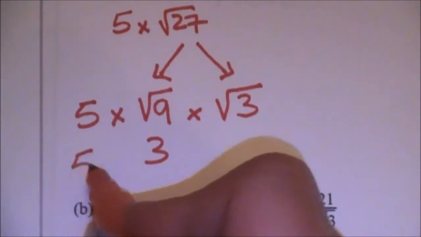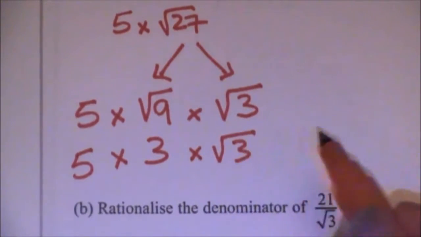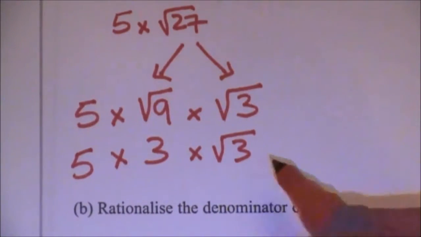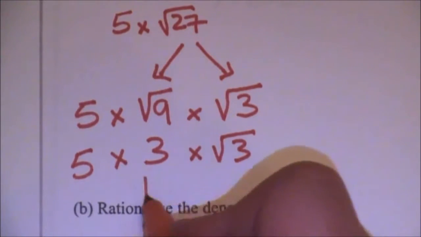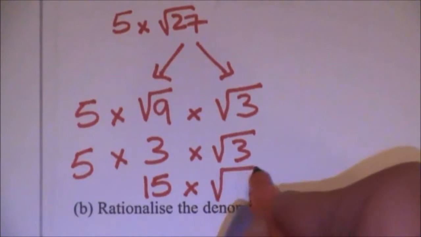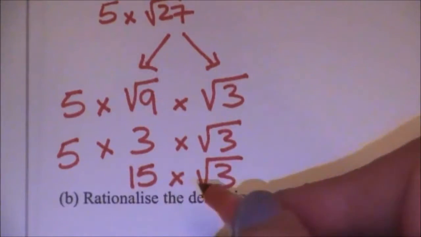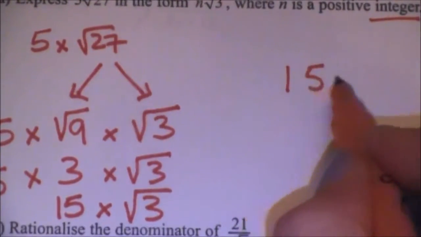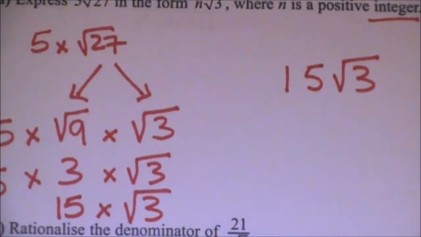So actually what I've got is 5 times by 3 times by root of 3. Now I can't multiply these by that root of 3 because they don't have a root. But what I can do is 5 times by 3, which is 15. And I'll end up with 15 times by root 3. And just like in algebra, if I had 15 times by x, it would be 15x. With surds, I can write it as 15 root 3.